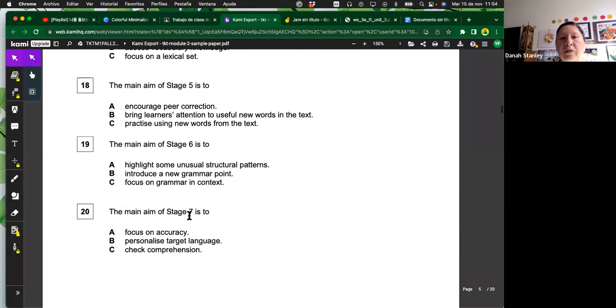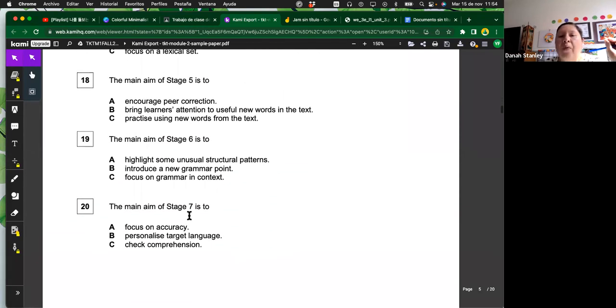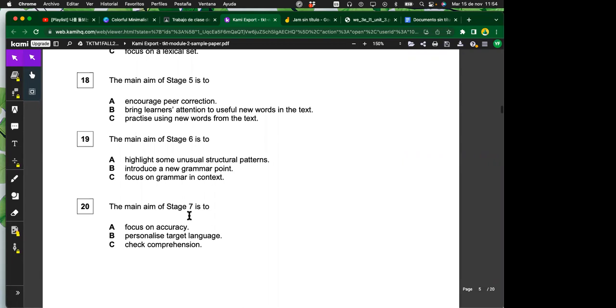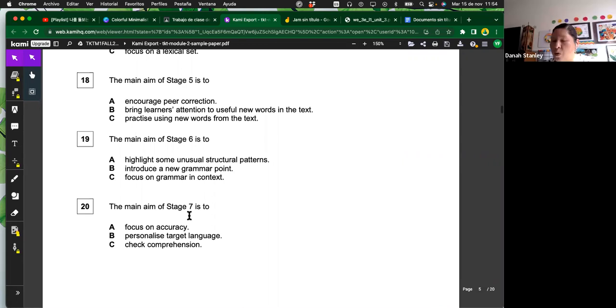What reading sub-skill are they practicing here? If they are going to read and underline. I wrote C. You wrote C. So you are focusing on the grammar.